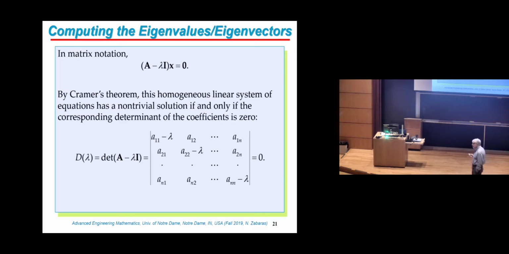Let me just put this in parentheses and say the following thing. Do not assume that when you solve it, you're going to find n distinct eigenvalues and n distinct eigenvectors. Many different things can happen, right? Actually, do not even assume that the eigenvalues that you will get will be real. Okay?